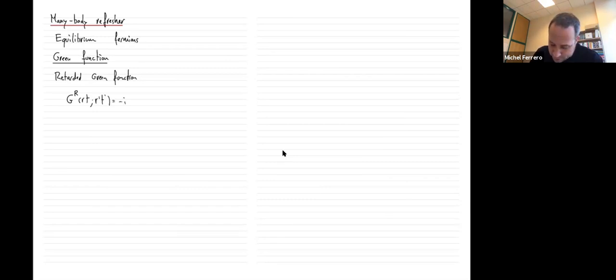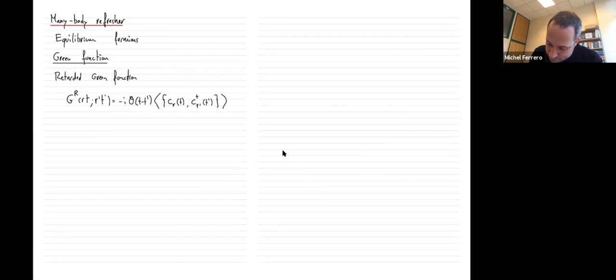So let me just write what it is, and then we can discuss how to interpret it. It's an average value of an anti-commutator between the destruction operator at R at time t, and a creation operator at R prime at time t prime. So that's the definition of that object.